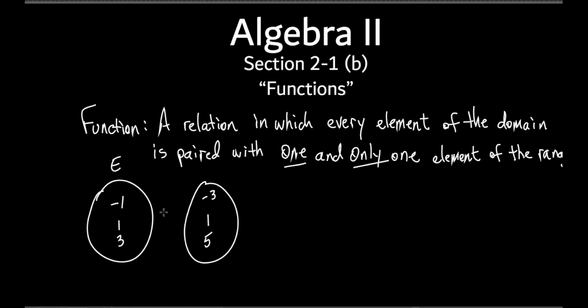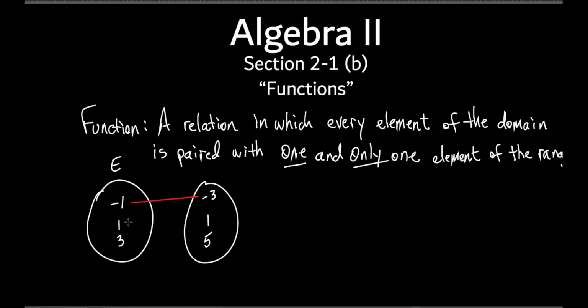They're basically just ordered pairs. I don't really know why they do this whole circle thing. Maybe they think it makes it pop out a little bit more to you and you see it a little bit better. But we will look at them as ordered pairs as well. So -1 is paired with, as in the definition, -3.